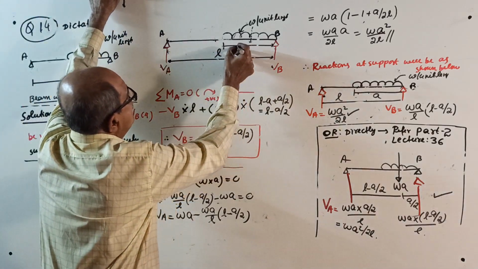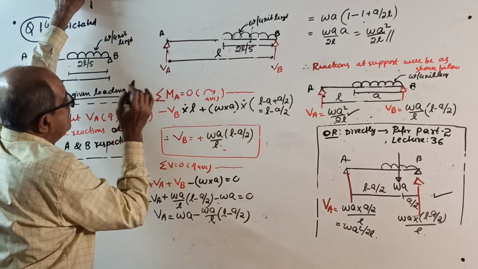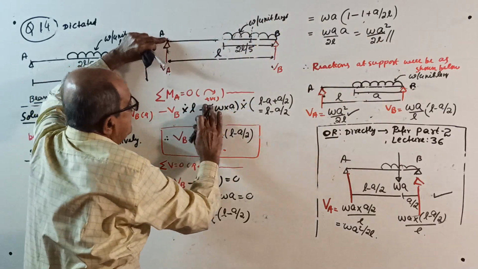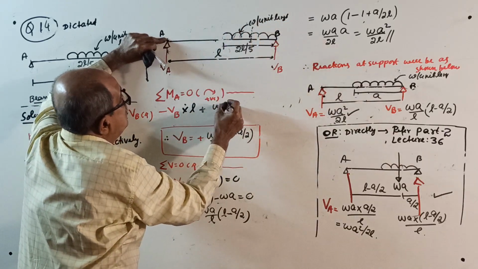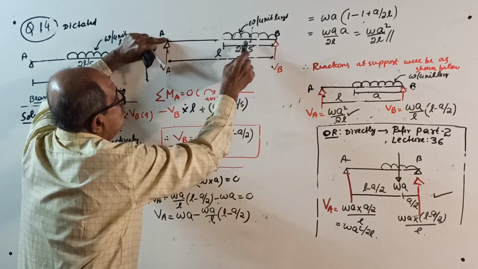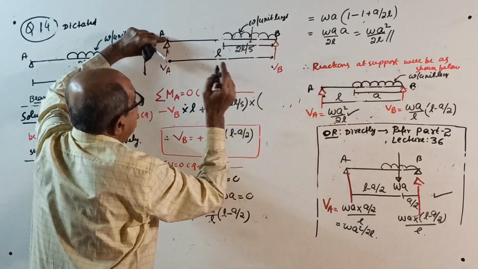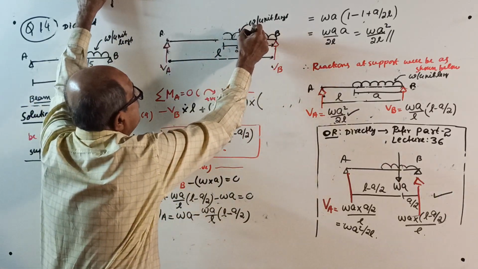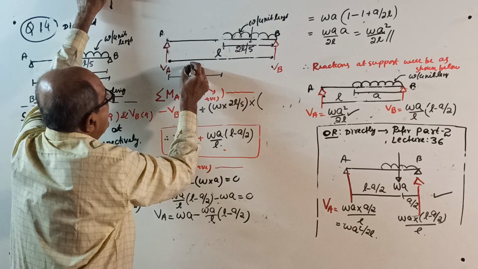Start as usual, same statement. UDL is for a length of 2L by 5. Now, sigma M about A equals 0, take clockwise positive. Minus VB into L, plus W into 2L by 5, which is the total load, acting at the center, multiplied by the distance. If this is 2L by 5, this distance will be 3L by 5.